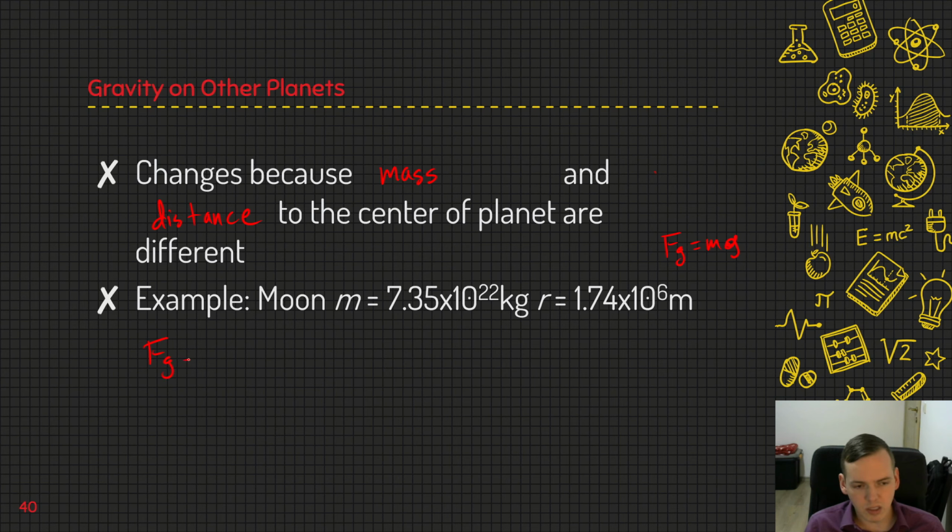So Fg equals 6.67 times 10 to the negative 11th newtons meters squared per kilogram squared, times the mass of the moon, 7.35 times 10 to the 22nd kilograms, times whatever mass of the object you care about on the moon is. And the radius is going to be 1.74 times 10 to the 6th meters, and that will get squared.